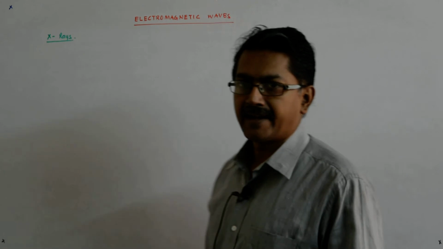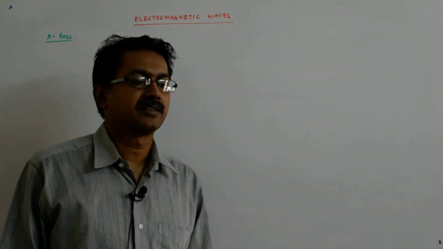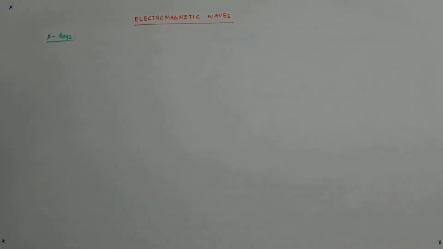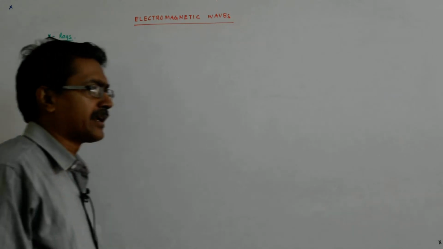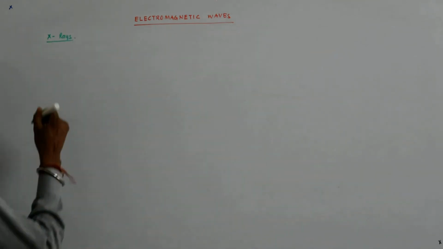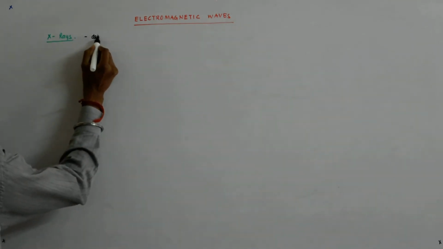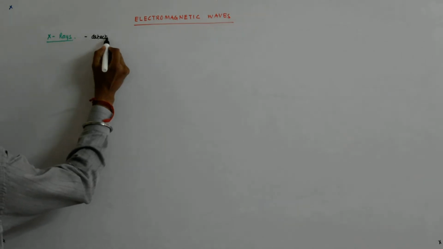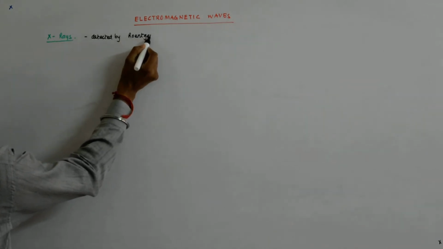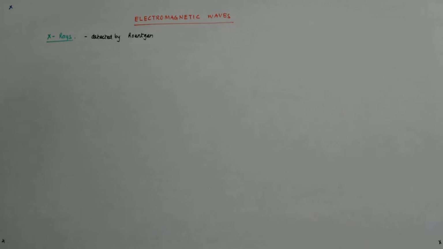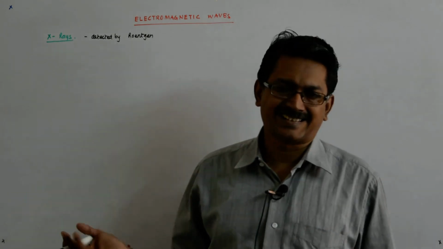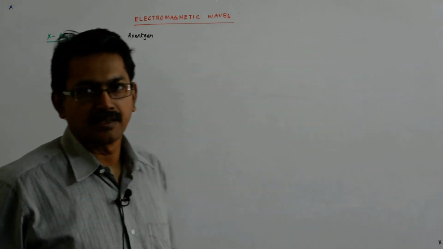We now go ahead in frequency from the ultraviolet and meet the X-rays. It's an interesting story how it came into being. When first it was detected by Roentgen, he did not know what to name it, so he said, okay, let it be X, as an unknown in mathematics.